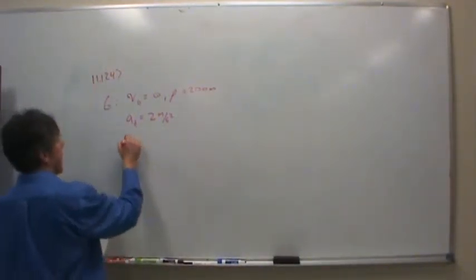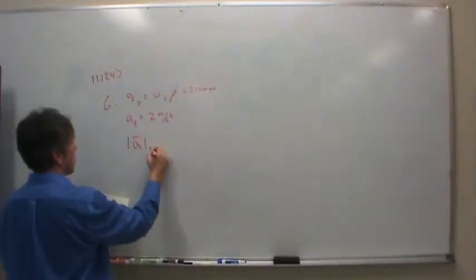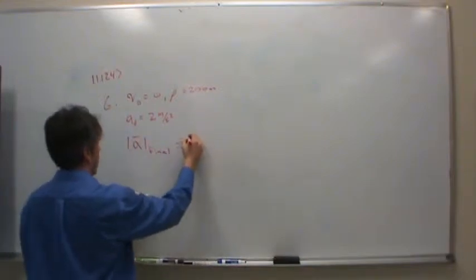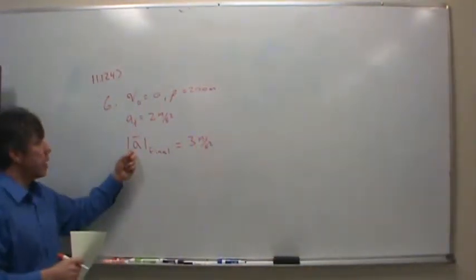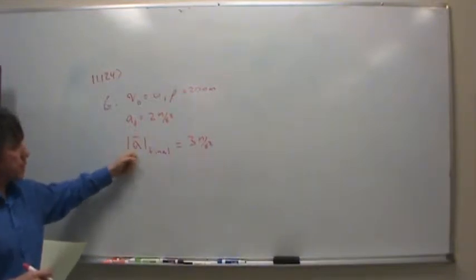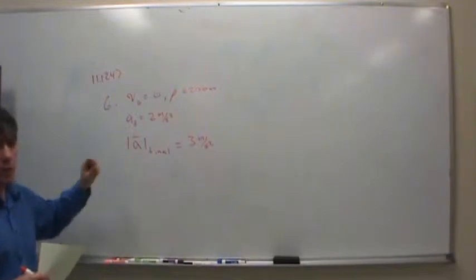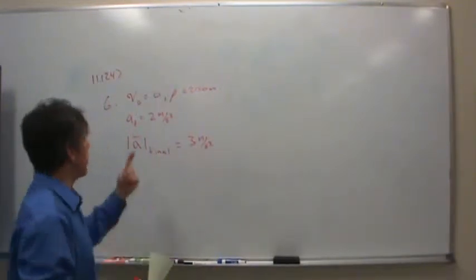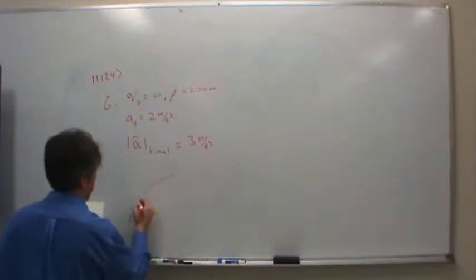We know that the magnitude of the final acceleration is 3 meters per second squared. Why did I write it this way? Well, I wrote it as a vector to show you I'm trying to take the magnitude of the vector, because you realize that the bus will be moving on a curved path. Let's draw that while we're at it. So here's a curved path. The bus starts here.